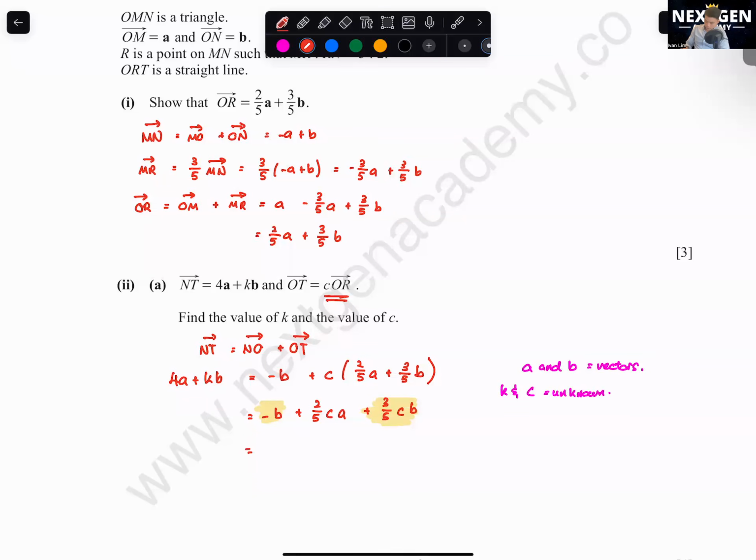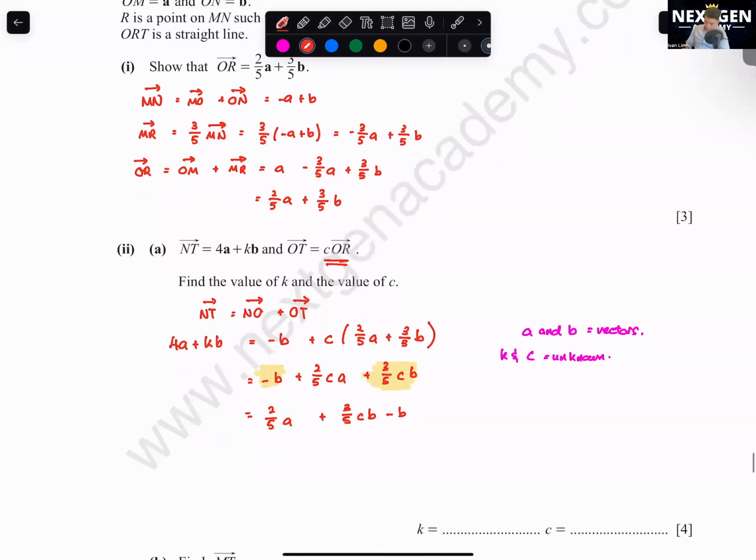So I put the A first, 2/5 CA, then plus 3/5 CB minus B. I factorize it out. It will look like this: 2/5 CA plus (3/5 C minus 1)B.